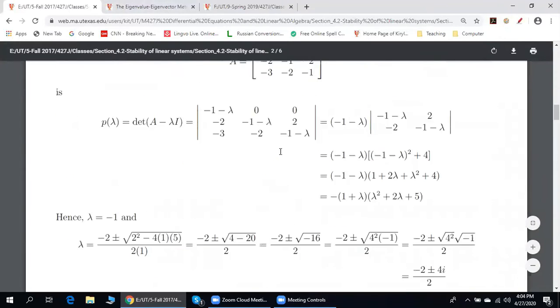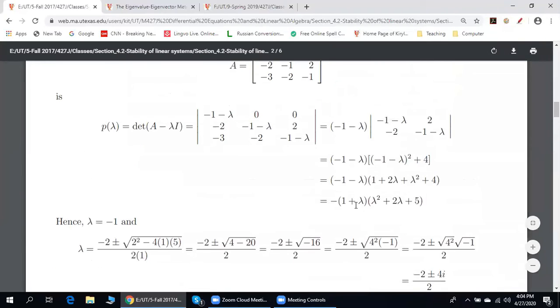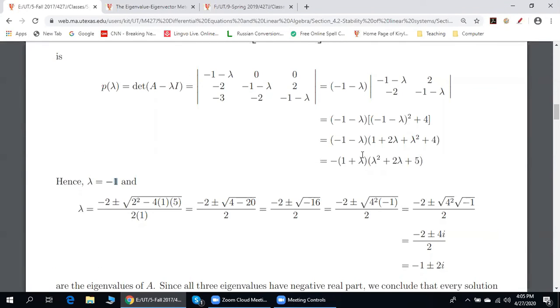Very good question. So please take a look at this example. Over here, we have parentheses without any power. That means power 1. It means the multiplicity of -1 is 1. Similarly, this polynomial can be rewritten as lambda minus lambda 2 times lambda minus lambda 3, where lambda 2 is -1 plus 2i and lambda 3 is -1 minus 2i.